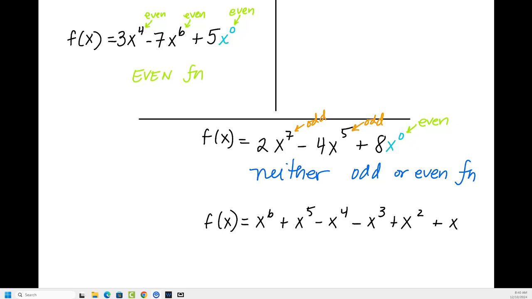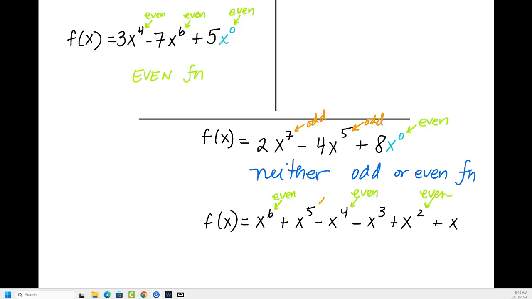What's this one? Even, odd, or neither? Yeah, it's neither because you have this is even, this one's even, this one's even.